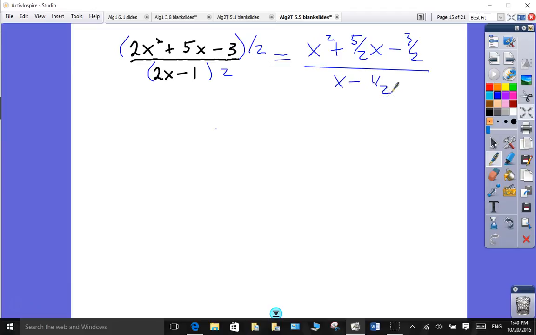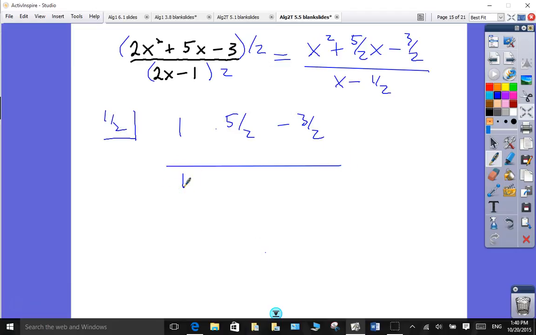And yeah, there are fractions involved. And the truth is, you can use synthetic division to divide out rational zeros, and rational zeros are fractions sometimes. That'll happen. So here we go: 1, 5 halves, negative 3 halves. Okay, what number goes in the bracket? Positive 1 half, right?